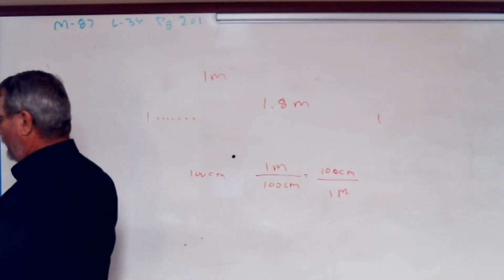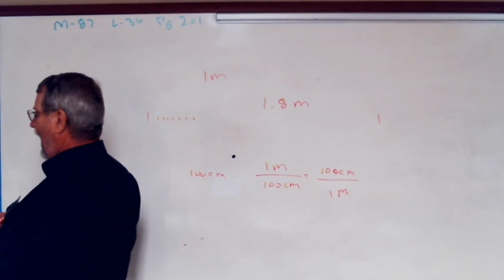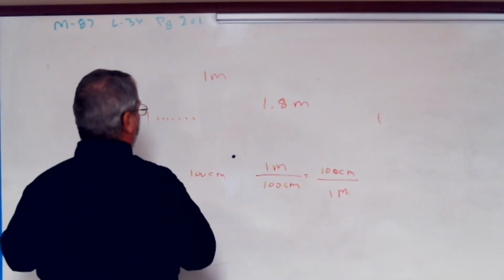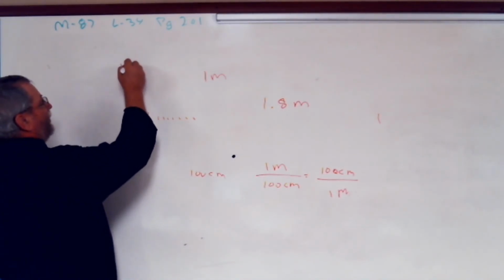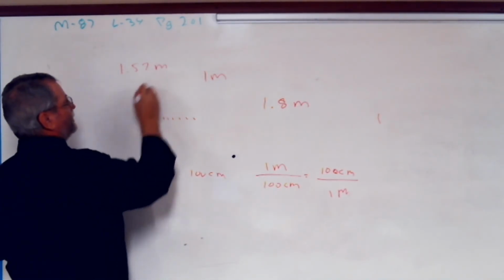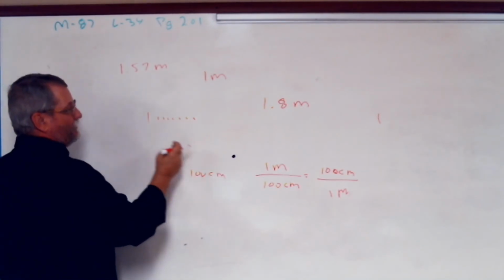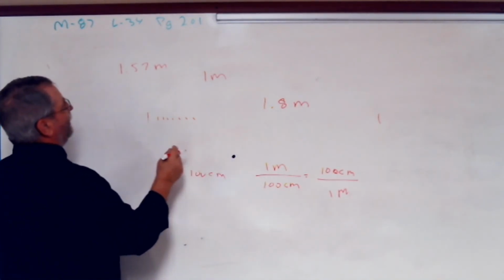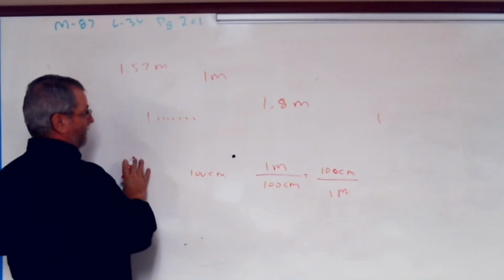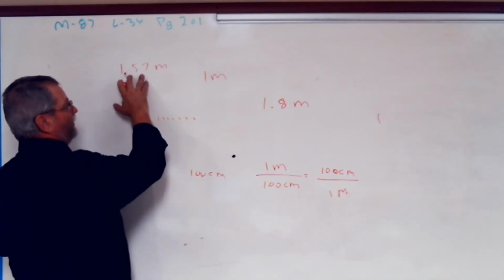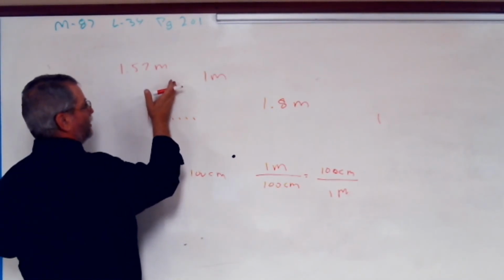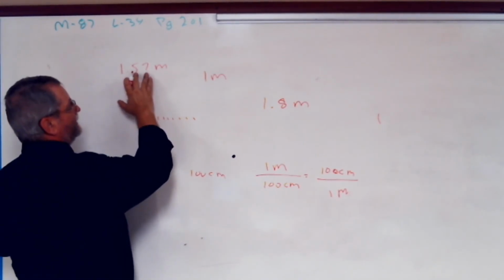Alfredo is 1.57 meters tall. How many centimeters? Okay, if he's 1.57 meters tall, to change that to centimeters, I'm going to multiply that number by 100. When I multiply, the number gets larger. If I multiply by 100, the decimal goes to the right.